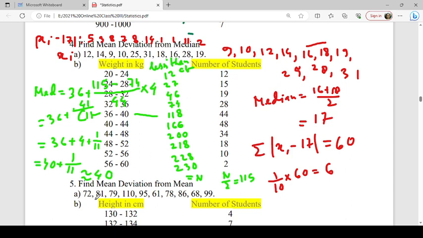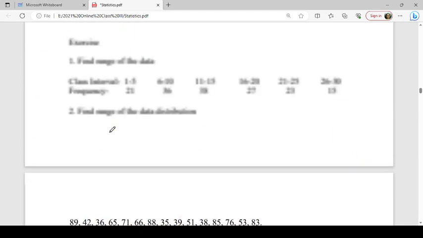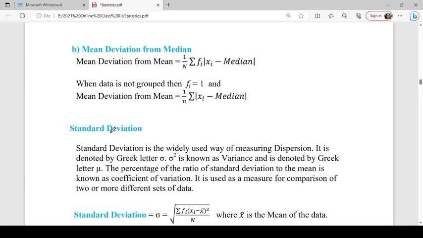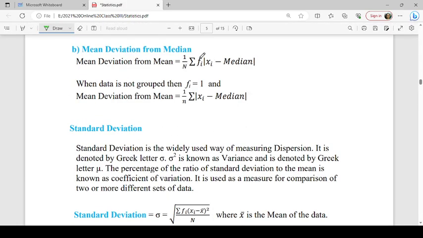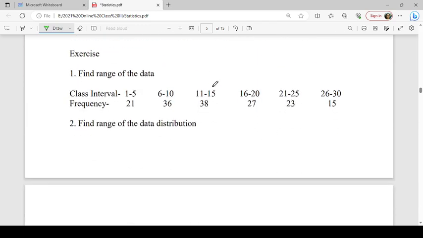Now we need to find xi. Our formula is this. So xi minus median and multiply by corresponding frequency.